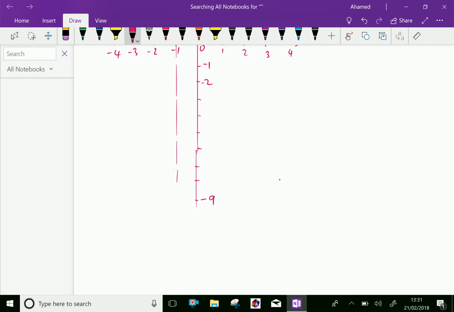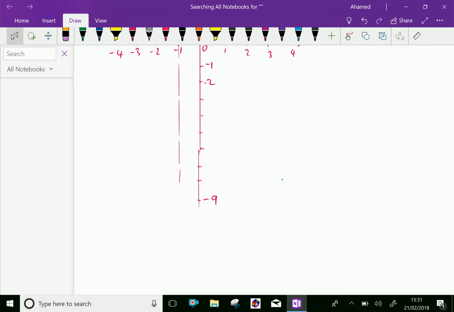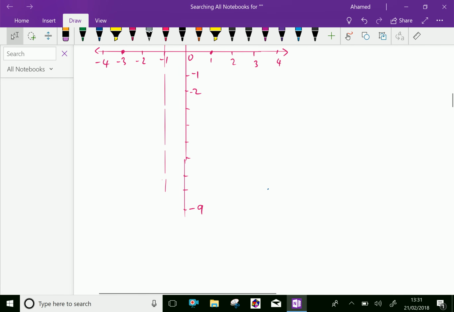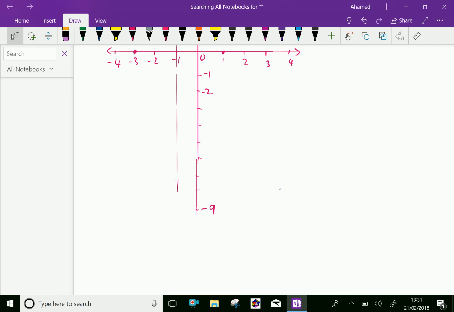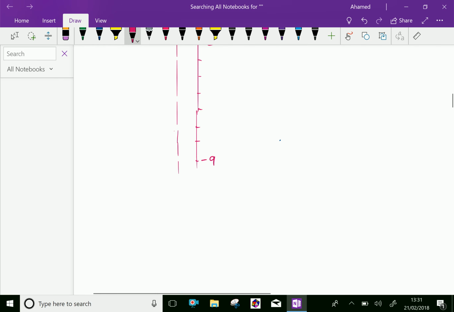So therefore the vertex coordinate is here, this minus 1 and minus 12.